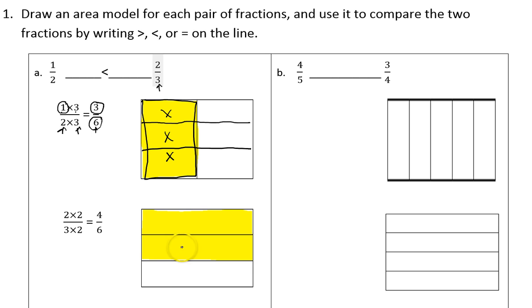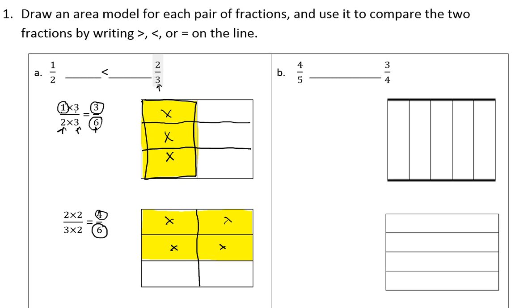This time, since I'm working with thirds on the bottom fraction, I'm going to draw my 1/2 on top of the thirds. Now instead of having 2 pieces shaded out of 3 that make up the whole, I doubled that. I now have 4 pieces that are shaded out of the 6 that make up the whole.